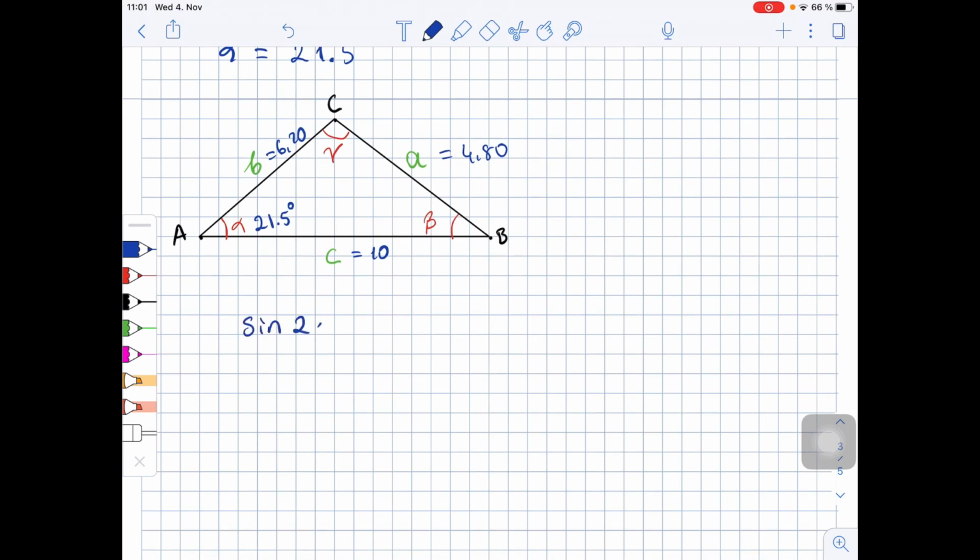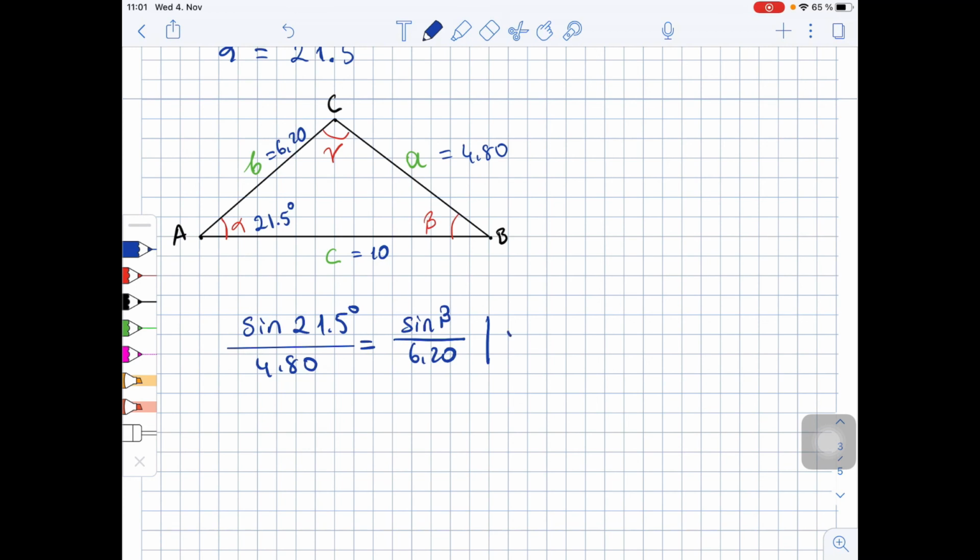Sine 21.5 degrees divided by 4.8, or 4.80, it's the same thing, is equal to sine beta divided by 6.20. Okay, Bruchgleichung. Now I'm going to multiply by the Hauptnenner.